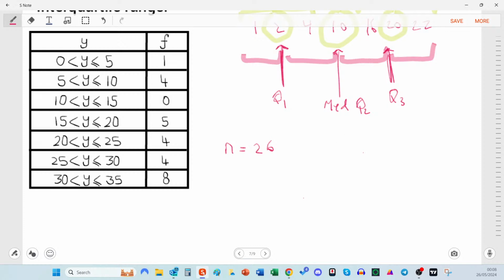If we're looking at the median, the middle would be 26 plus 1, over 2. So that's 27 divided by 2, that's 13 and a half. That's not the median. That's the 13 and a half, that's the location of the median.